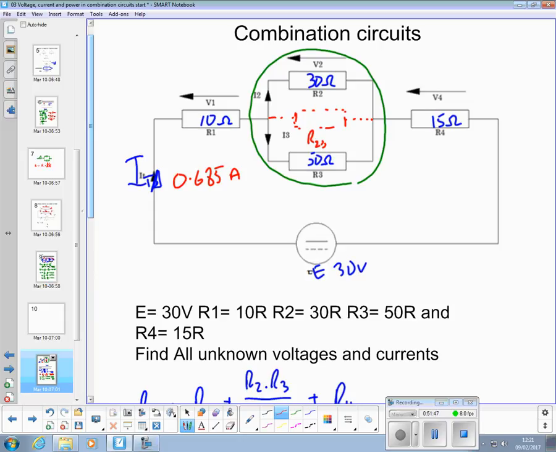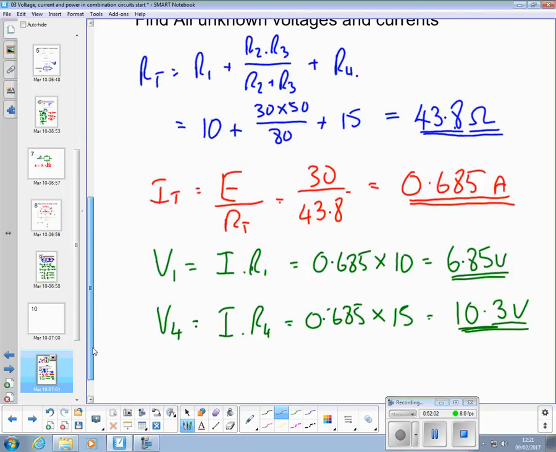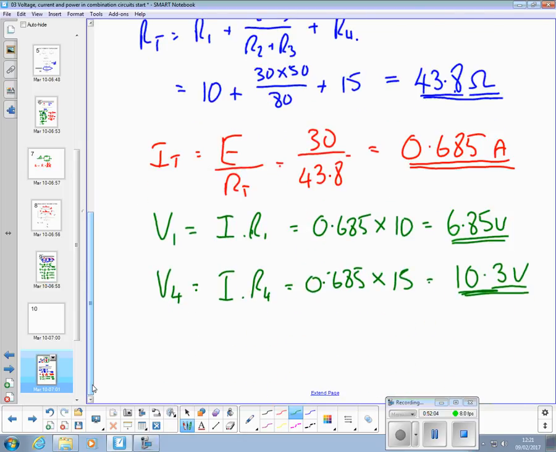So if we'd done this bit separately for the combination and found R23, we could do the total current through that R23 to give us the voltage across. So we can either say V, and I'm going to call it V23 because that's the voltage across both those two resistors in parallel, is equal to, this is Dom's version, E minus V1 minus V4.